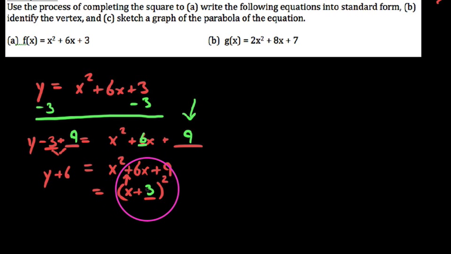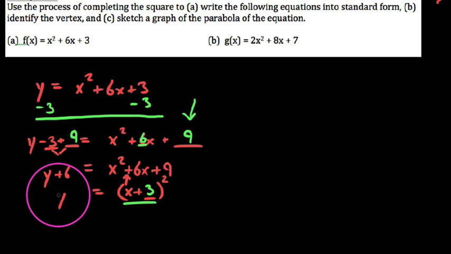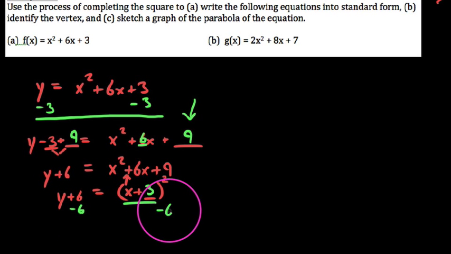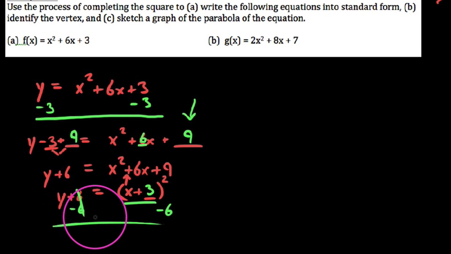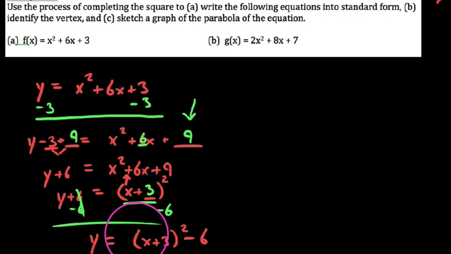So we just rewrote the right side so that it would become something that does factor down into something that looks like this. Now the left side, which is still y plus 6, let's go ahead now and kick that loose term back over to this side. And what we end up with is y equals x plus 3 squared minus 6.